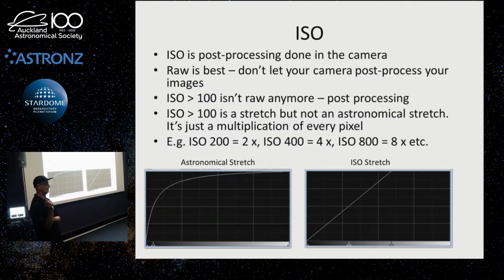You want to do it in Photoshop or PixInsight or whatever, so you can do a proper stretch instead of an ISO stretch. So I say that any ISO greater than 100 is no longer RAW. And you really want, for astronomical purposes, to have a raw image, as raw as possible, as close to what the sensor captured as possible.